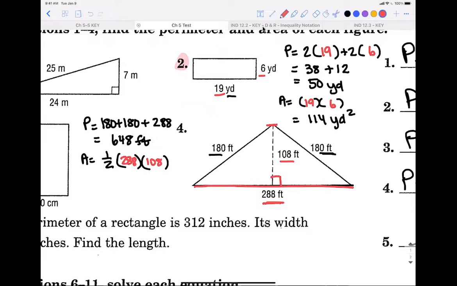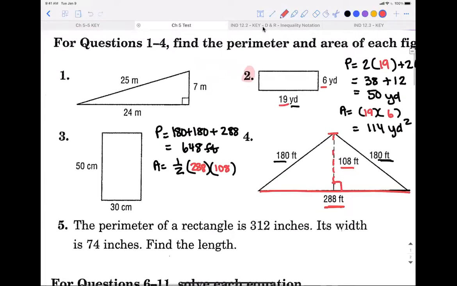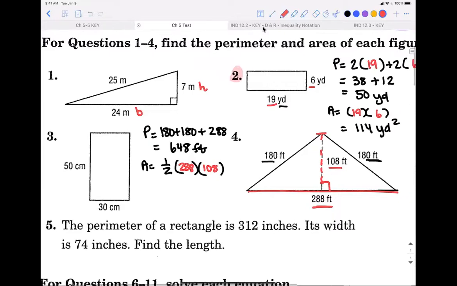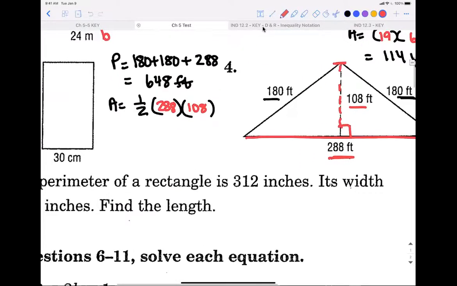Okay, so the height here is this dashed line. And just as a little side note, a little extra bonus hint here, on number 1, your base and your height are always the right angle legs. So this would be your base and this would be your height, just to give you a little extra hint for tomorrow. All right, so we plug this into my calculator.